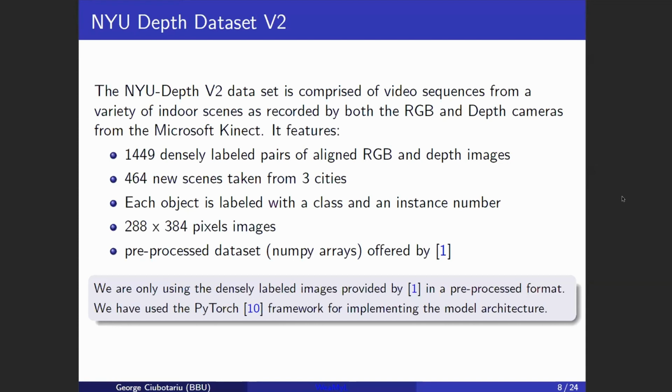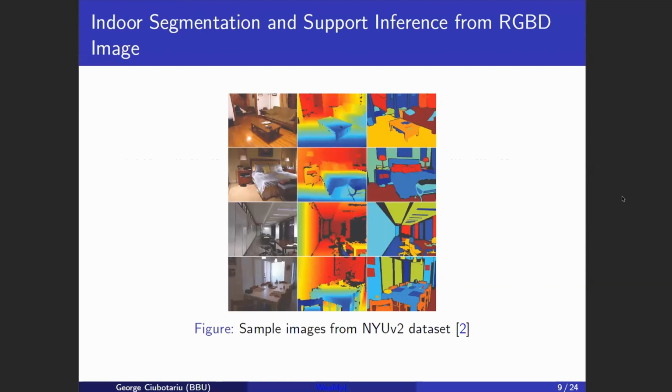Okay, so these are some examples from the data set. We have the raw RGB images in the left column, and in the middle we have the depth masks, which are supposed to have the distance from the camera to each point, so that we know what distance there is from the camera to each object in the frame.